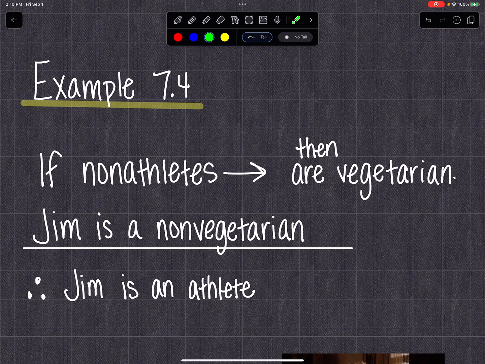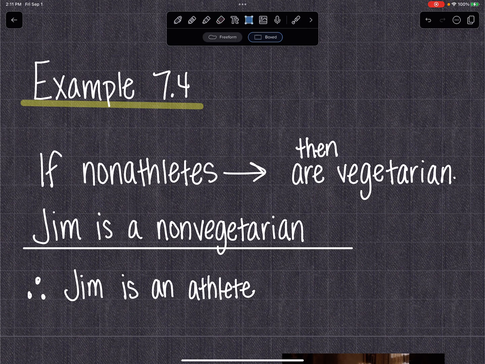Okay, so we're going to add the word non. So if you're a non-vegetarian, we're going to do the contrapositive. All you do is, when you do the contrapositive, you replace the nouns and replace each noun with its negative.